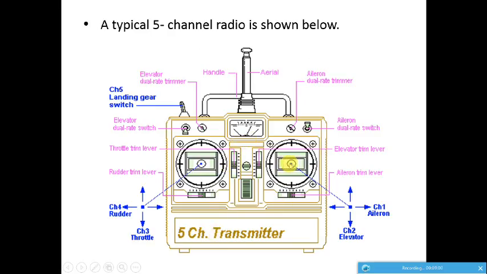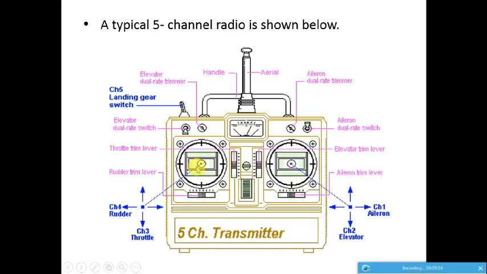Channel 1 is the aileron. This motion causes channel 1 to change. Ailerons are usually used for rolling of the aircraft. Channel 2 is the elevator. The to and from motion, towards and away from you, gives the aircraft a pitch motion, nose up or down.